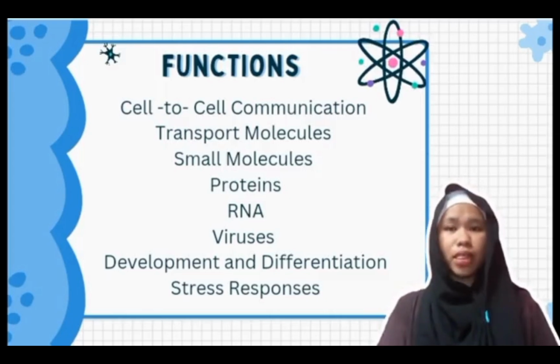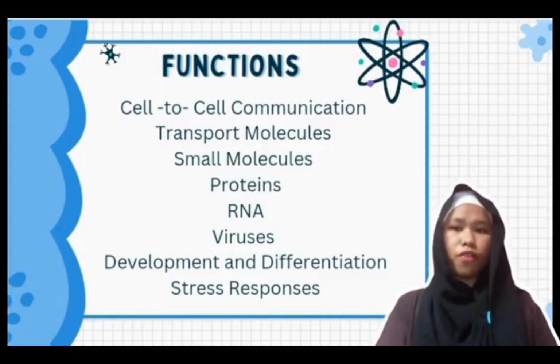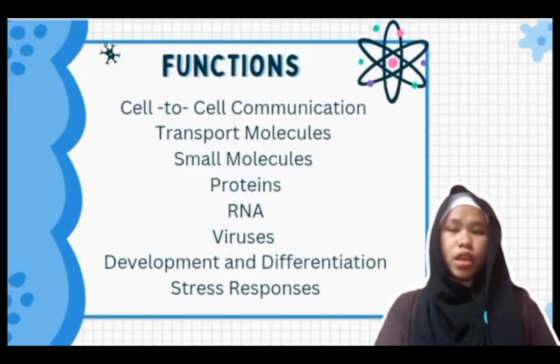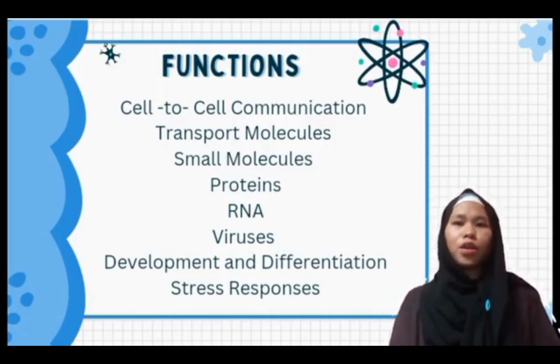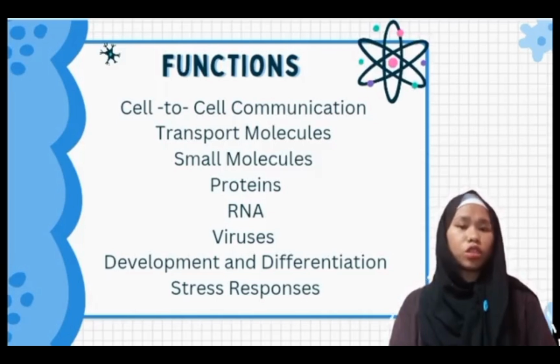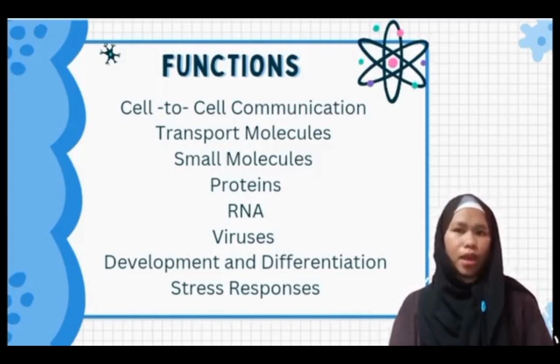Plasmodesmata allow for the transport of various molecules, including small molecules such as sugars, amino acids, ions, and others, which can readily pass through plasmodesmata. And also proteins. Some proteins can pass through plasmodesmata, although their size and structure can limit their movement.